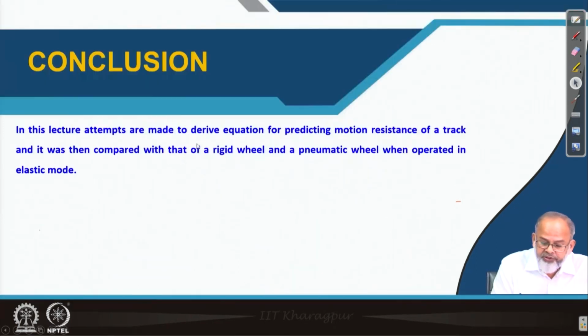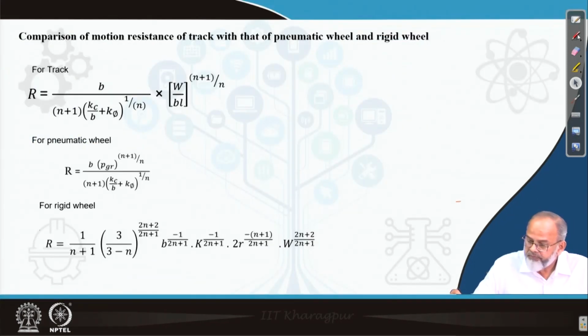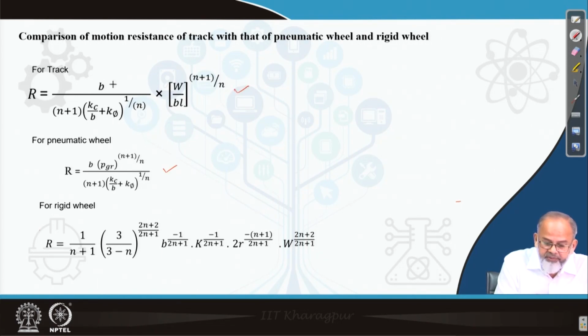Now if you look at these two equations, what is the similarity? B is there in the numerator, and n plus 1 is there in the denominator, and this Kc by B plus Kφ is there in both the track and the wheel, and this is raised to the power 1 upon n. The only difference is W by BL, and the ground pressure in case of an elastic mode of operation.